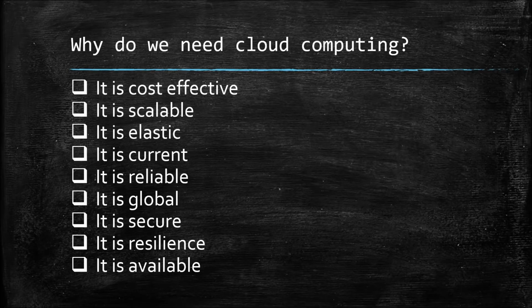Now the distance is so far, and this can cause high latency. So the cloud computing providers have different data centers in different regions of the world. So based on where your customer is, they can easily access your application. This reduces latency.